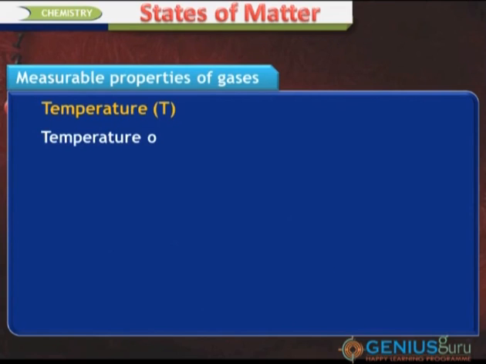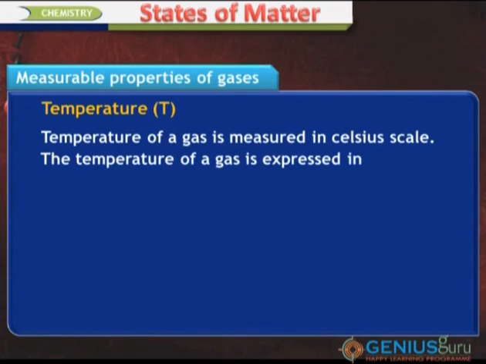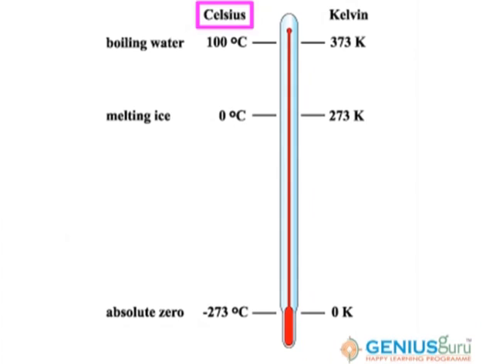The temperature of a gas is generally measured on the centigrade scale, whereas it is expressed on the absolute scale or Kelvin scale. So what is the difference between the centigrade scale and the Kelvin scale? The centigrade scale has a minimum temperature of 0 degrees centigrade, whereas a maximum we can't specify. Coming to the other scale, the Kelvin scale, the minimum is 0 Kelvin.